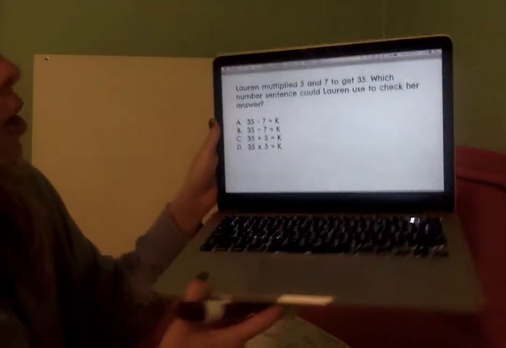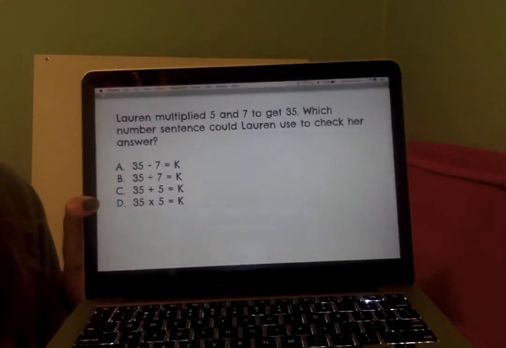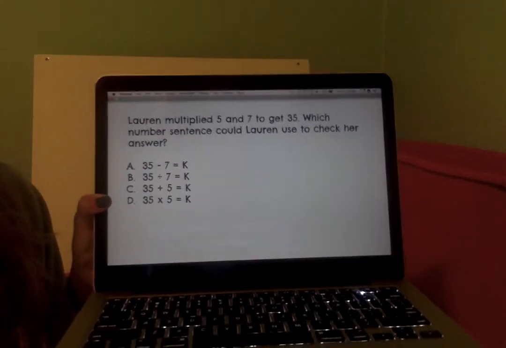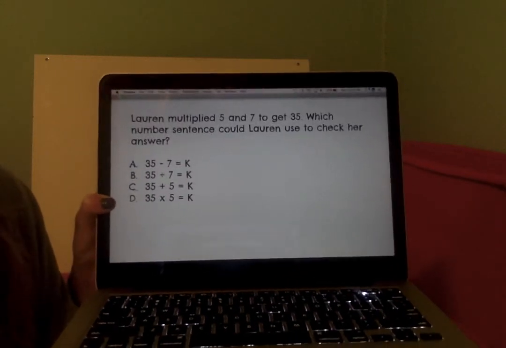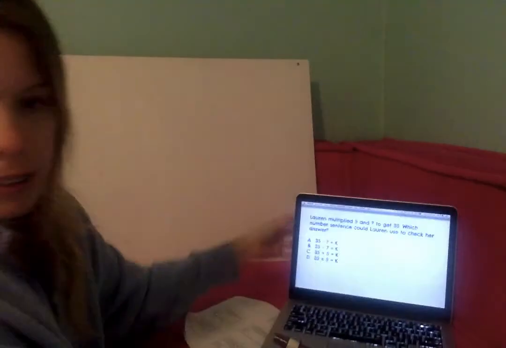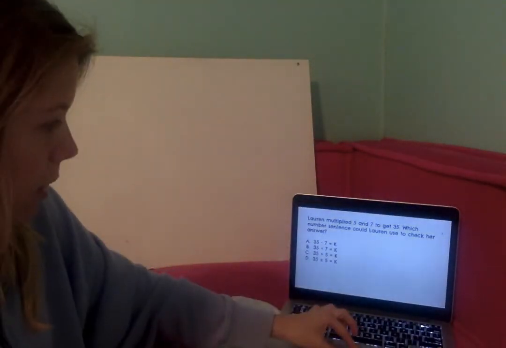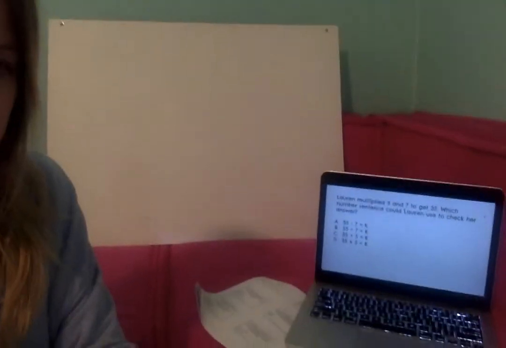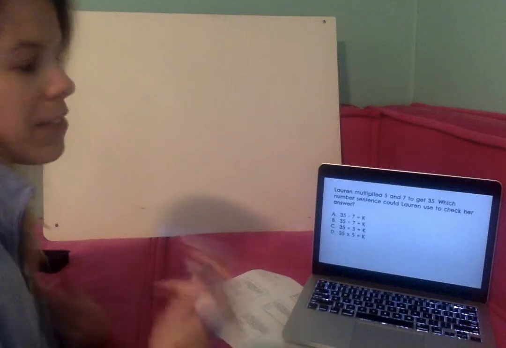So, the three numbers that we're working with are 5, 7, and 35. We need to figure out what expression is the correct one that will help us solve the problem. Okay. Lauren multiplied 5 and 7 to get 35.